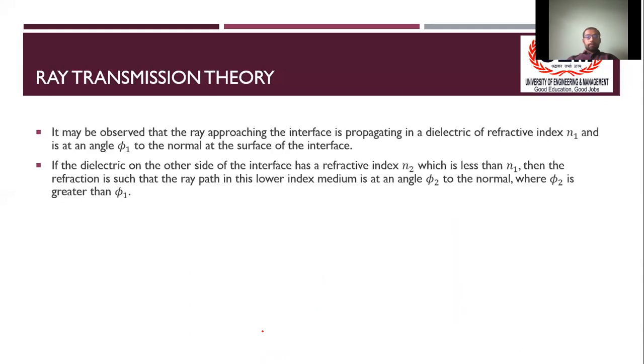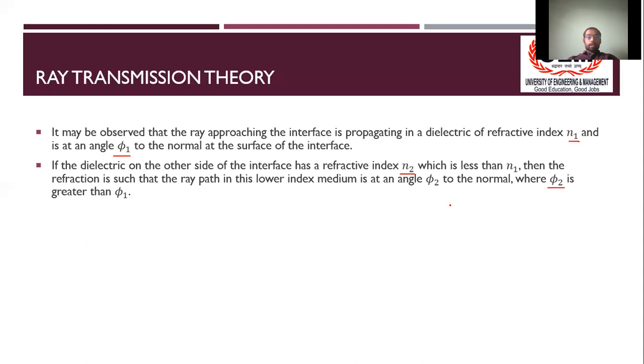To define that, we consider the refractive index of the core to be N1, as depicted here, and the angle of incidence to be phi 1. Similarly, we consider the refractive index of the cladding region, or the glass region, as N2, and the angle of refraction as phi 2, where phi 2 is greater than phi 1 and N2 is less than N1.